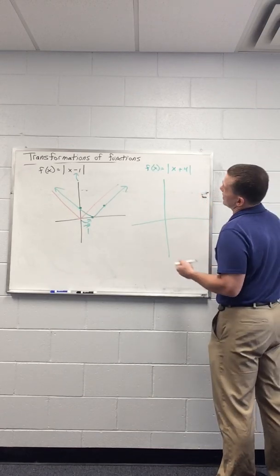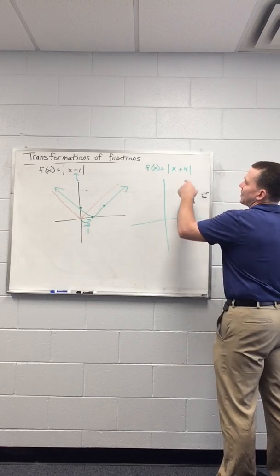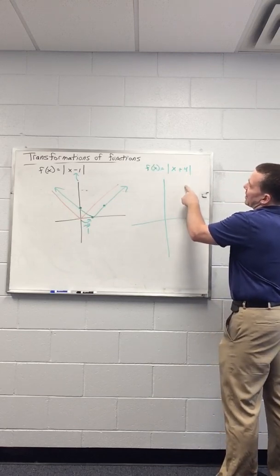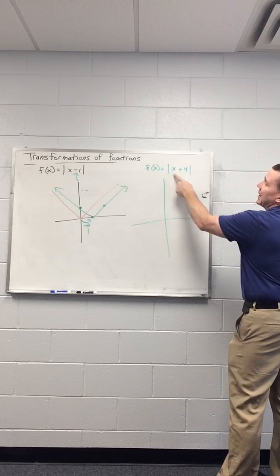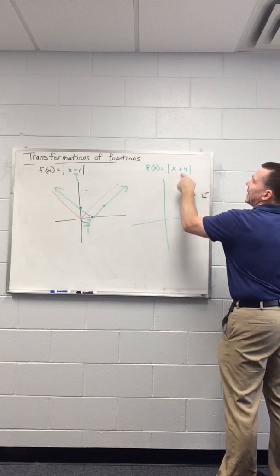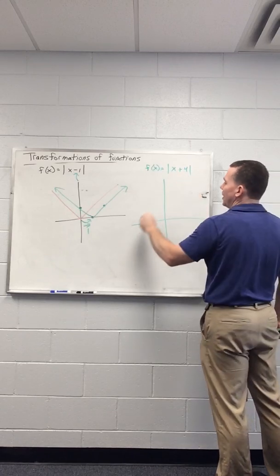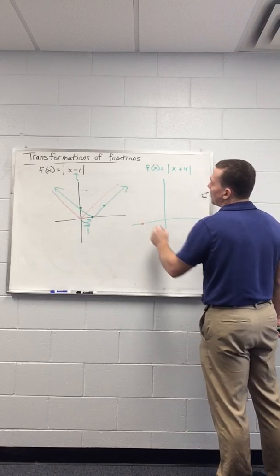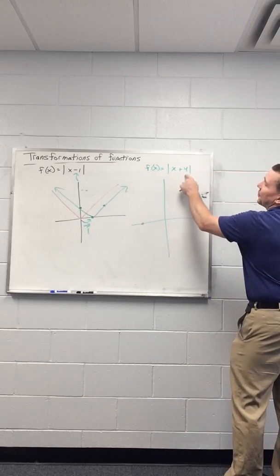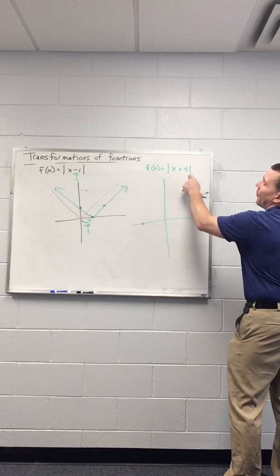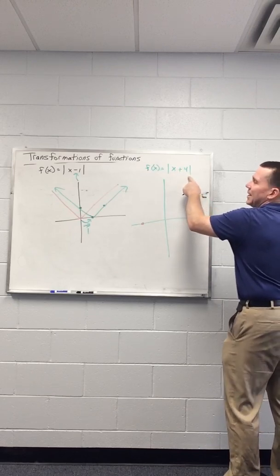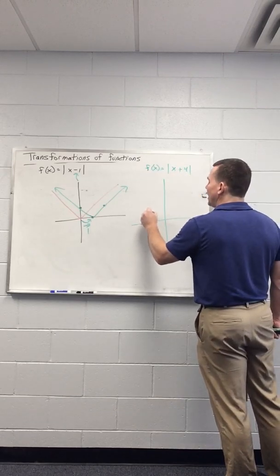If I check a few points, well, if I'm going to move left, I'll move left 4. If I plug in negative 4 for x, I get negative 4 plus 4, which is 0. So at negative 4, I get 0. If I plug in negative 3, negative 3 plus 4 is 1. The absolute value of 1 is 1.